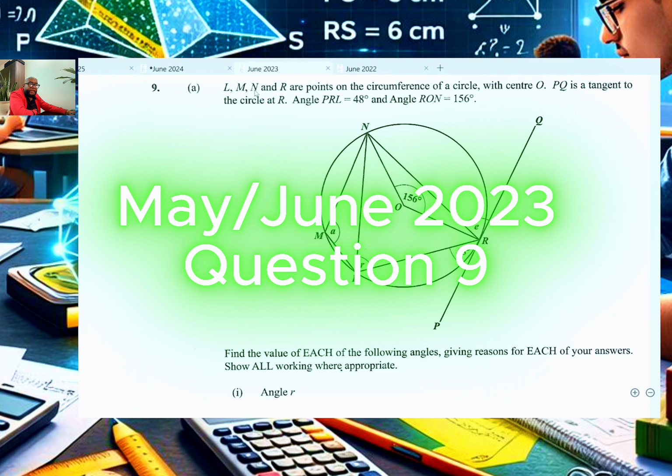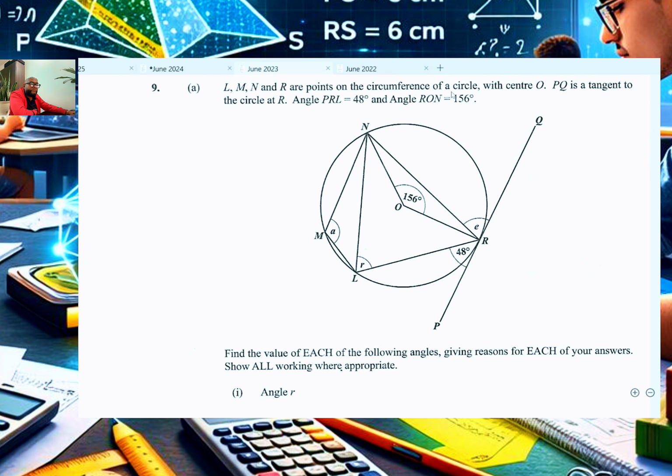So number 9 in June 2023 now, right? L, M, N, and R are points on the circumference of a circle with center O. PQ, which is this line on the exterior of the circle, is a tangent to the circle at R. When I say at R, it means that it touches the circumference of the circle at only one point.